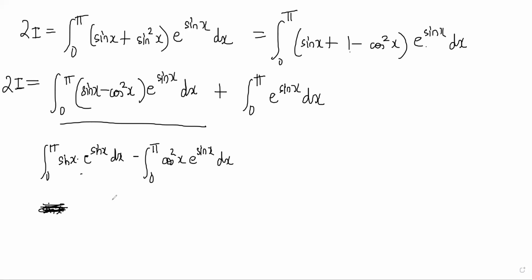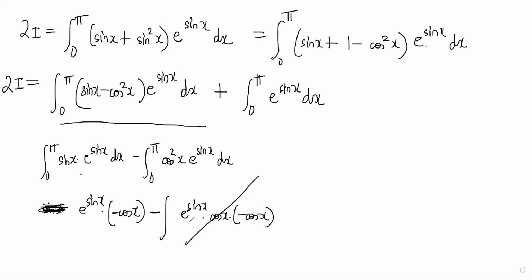You have to take e power sin x as the first. e power sin x into the integral of sin x, which is minus cos x, minus e power sin x derivative, which is cos x, into minus cos x. So this is becoming plus e power sin x cos square x. And then that can cancel.